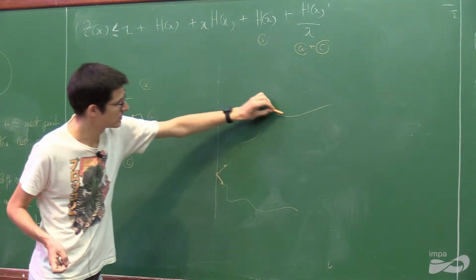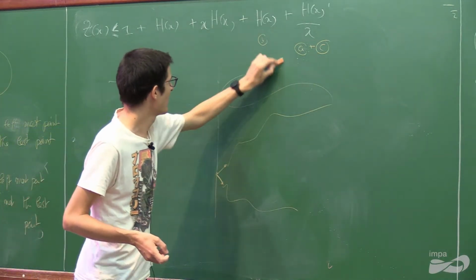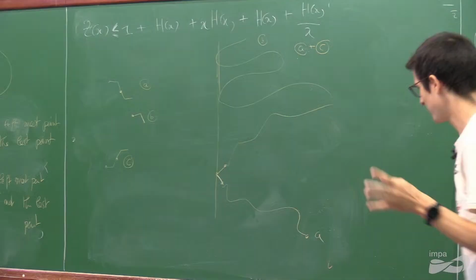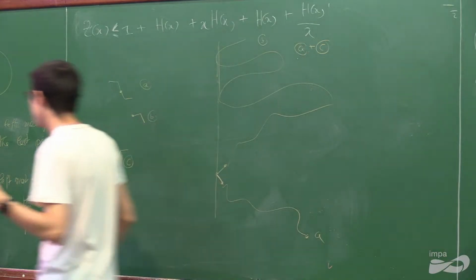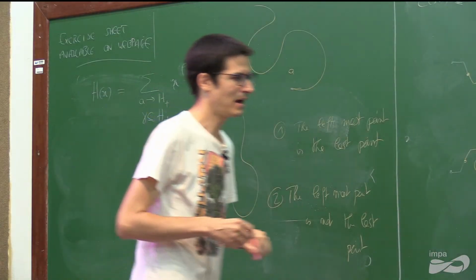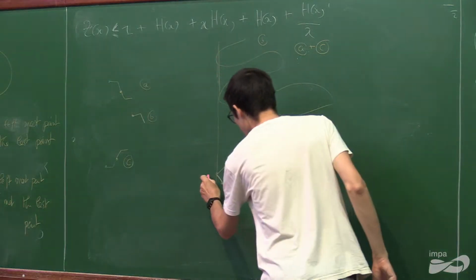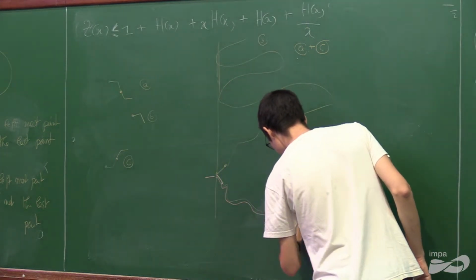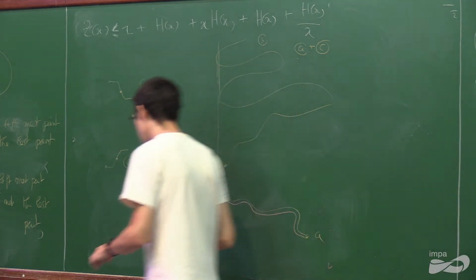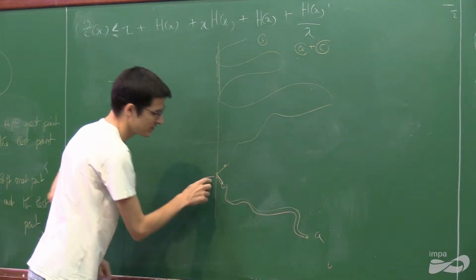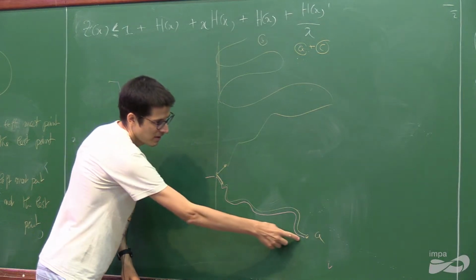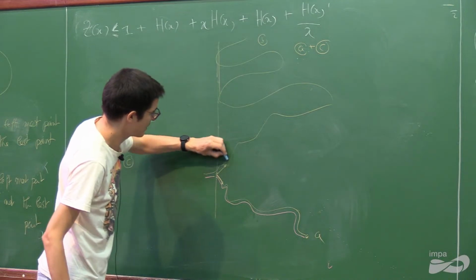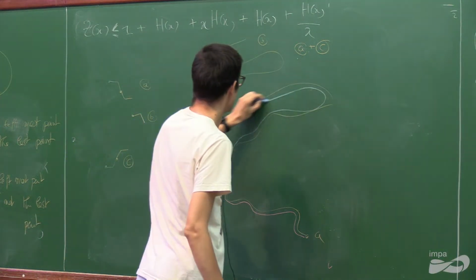I can do the same thing that I did for AT and BT: I encode my past until there by this red path, and the future until there by this blue path.